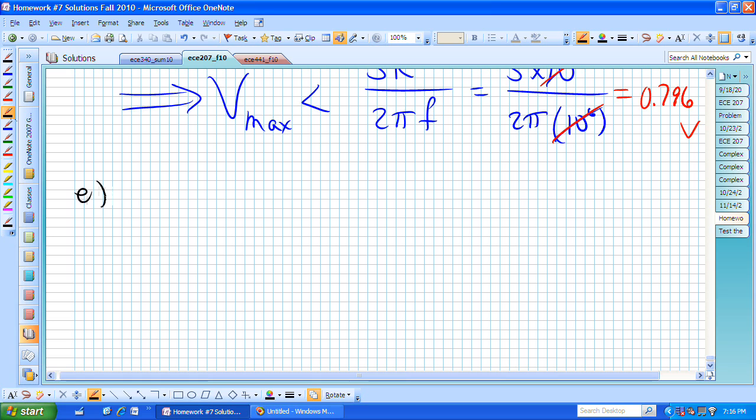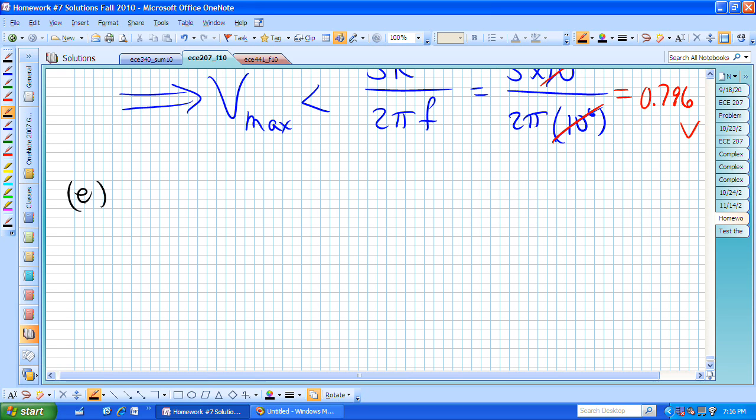Finally, the last part of exercise 13 in chapter 14 is, if the resistor on the load is 1 k ohm and V sub s is again this 1 megahertz sine wave, they want us to sketch the steady state output waveform to scale versus time.